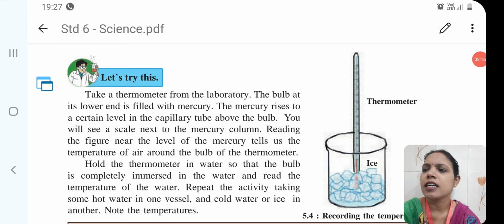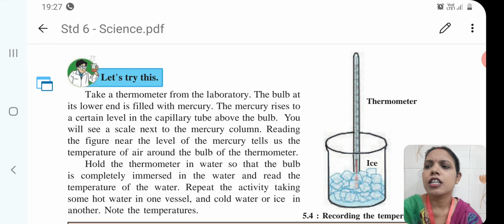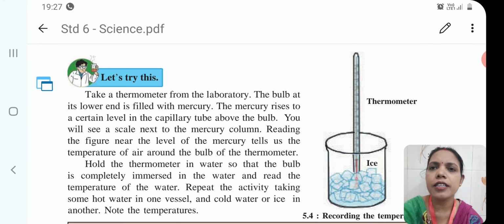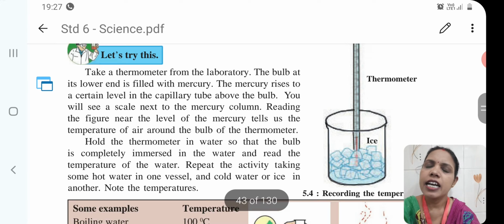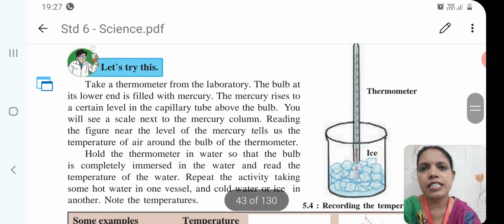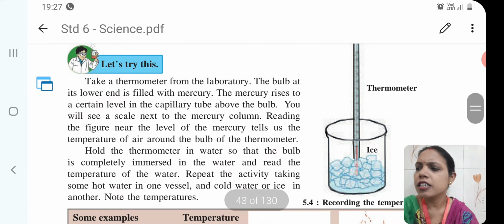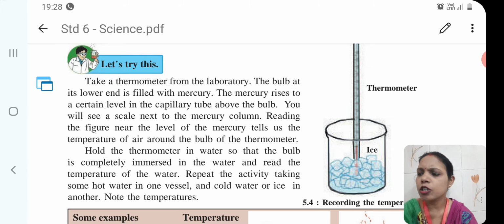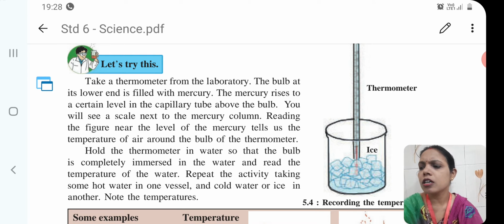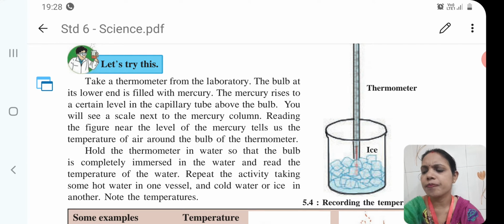Students, now see the picture of the thermometer in your textbook. A thermometer is used to measure the temperature, and its unit is degree Celsius. Children, we are going to see this picture of the thermometer and observe it carefully.